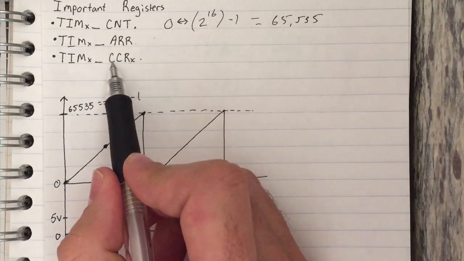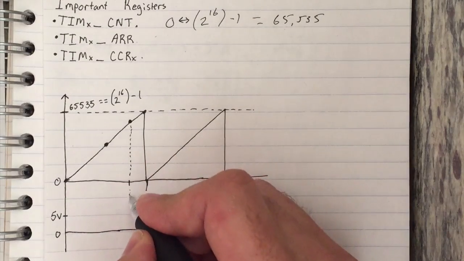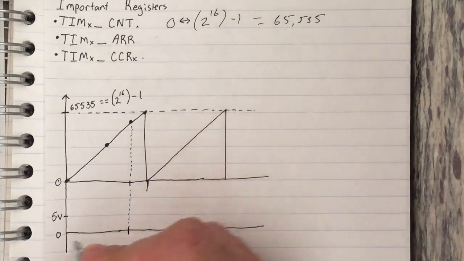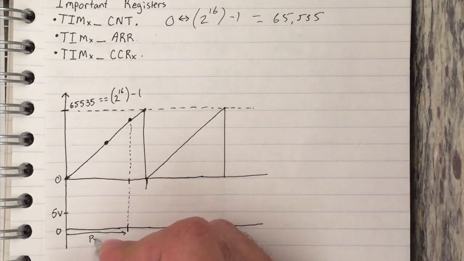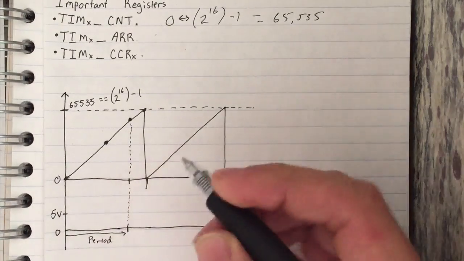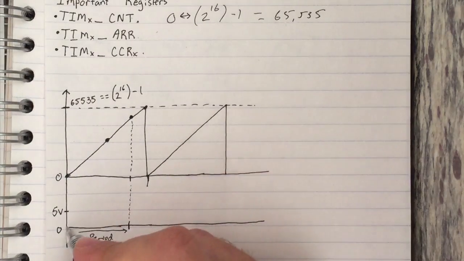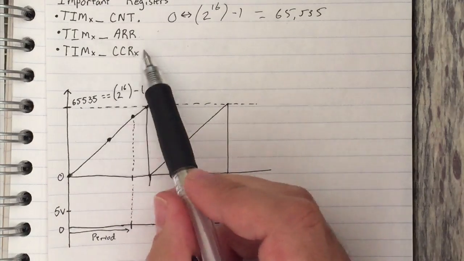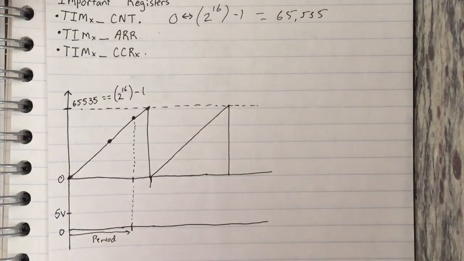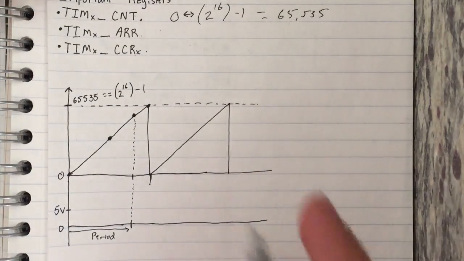And now if we want to set some signal, so let's plot this down here. So now this right here is our period from here to here, and I'll just write this is our period. Then along this line the counter is going to be incrementing by 1 for every tick, and then let's say we want a duty cycle of, I don't know, say 1.5 milliseconds or 10% or something like that.